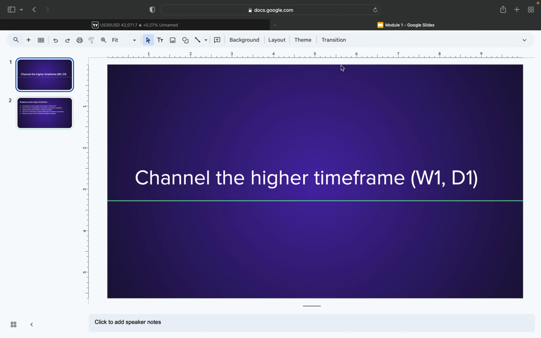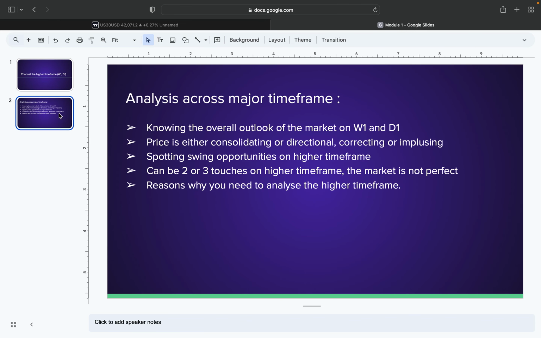So the first step is analysis across major time frame. So what are the things to be aware of when analyzing across this major time frame, the weekly and the daily? The first thing is knowing the overall outlook of the market on the weekly and daily.